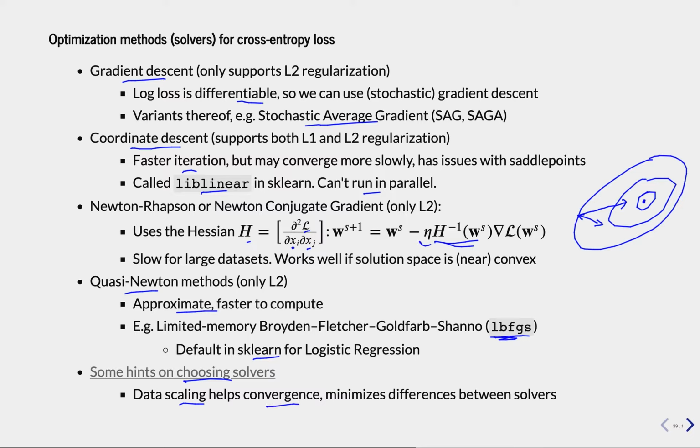That's not surprising, right? So scaling your data makes optimizing these weights easier, but it also minimizes differences between the solvers. So if you scale your data, then the differences between these isn't really big anymore. So then you may as well choose the one which is fastest. But again, there's no hard-cut rule for this. So again, experimenting is a good idea.